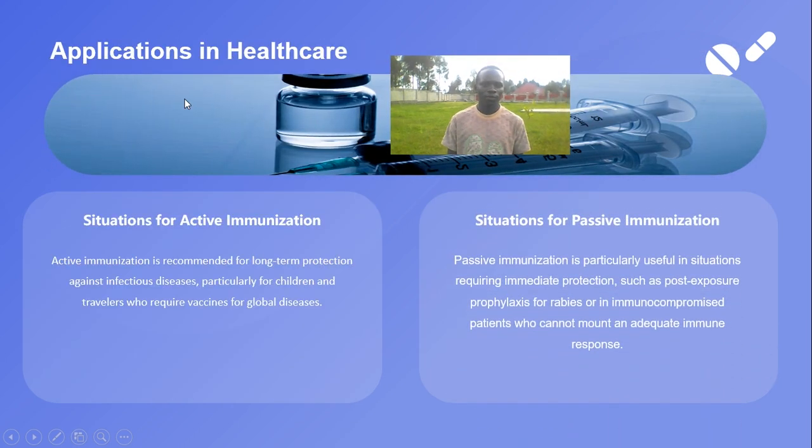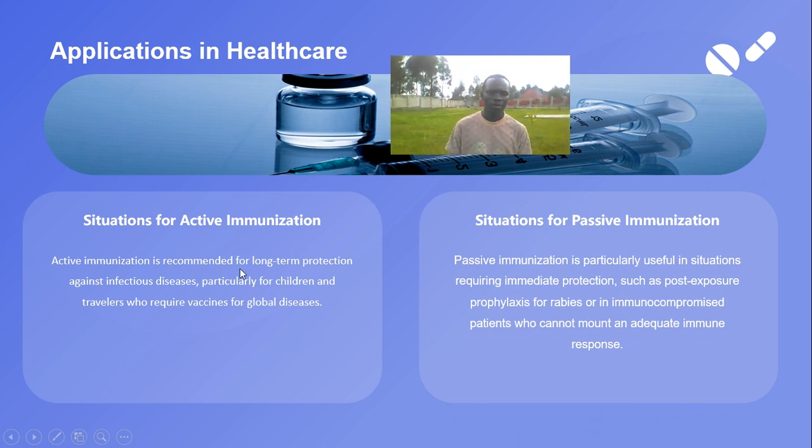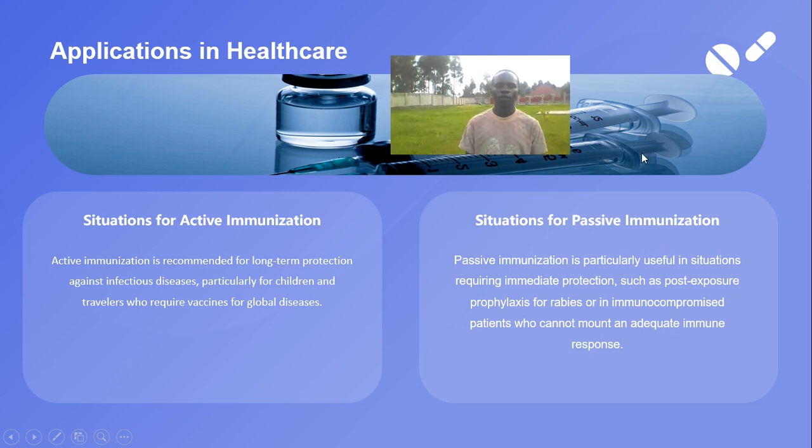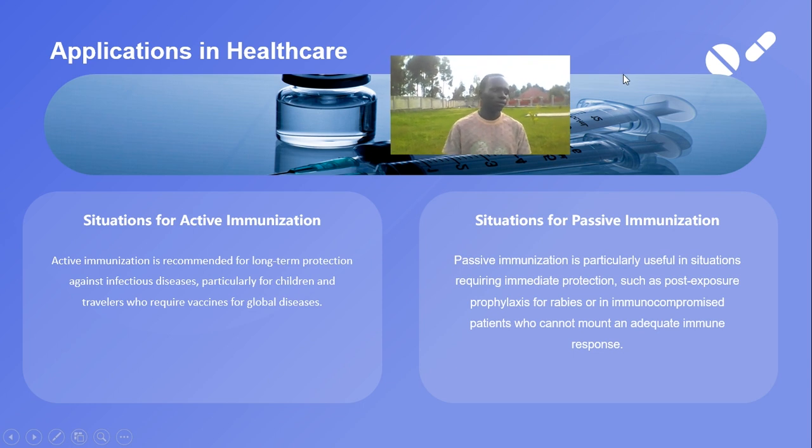Application in healthcare: situations for active immunization. Active immunization is recommended for long-term and strong immune response in future recurrences. While passive immunization can be used when the patient is in an emergency case or is affected by specific diseases which do not allow the body to make antibodies directly.